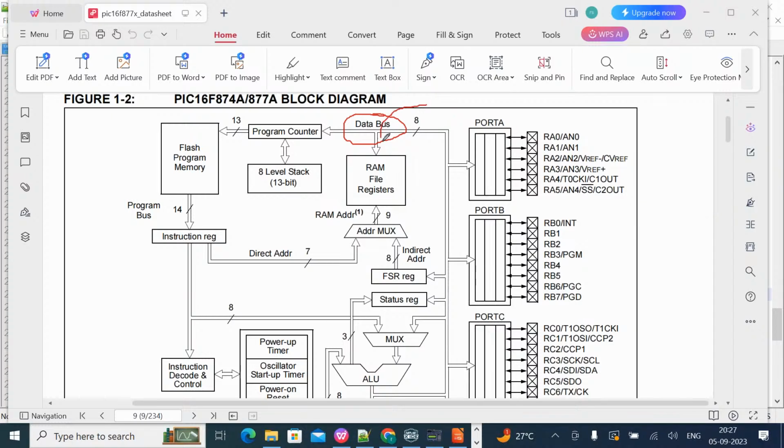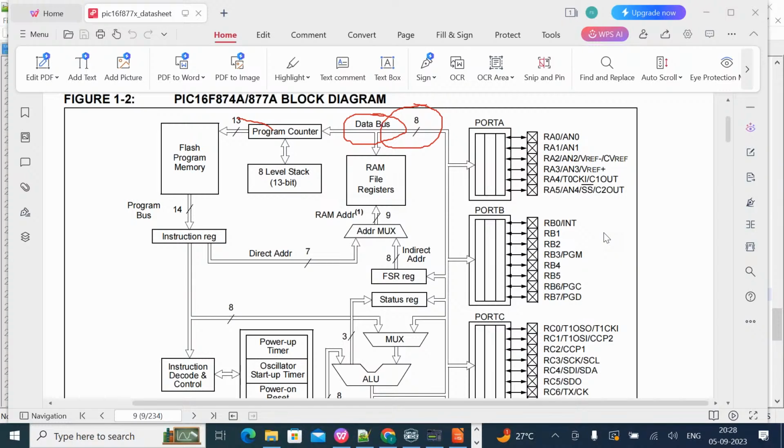Be careful. Are you able to see 8 here? Fine. This is about the program counter. Clear? Now why are you still on 16 bits? It is 8 bit, not 16 bit.